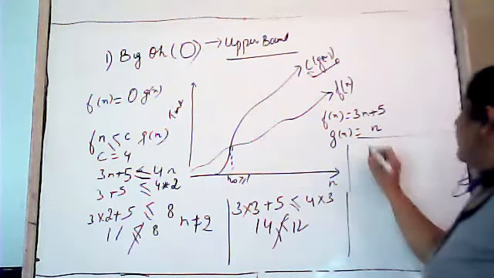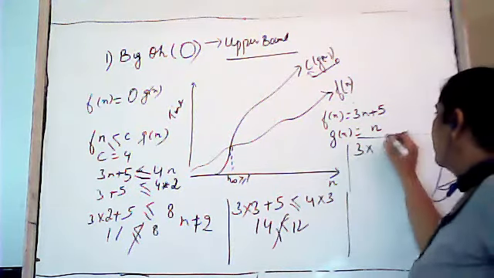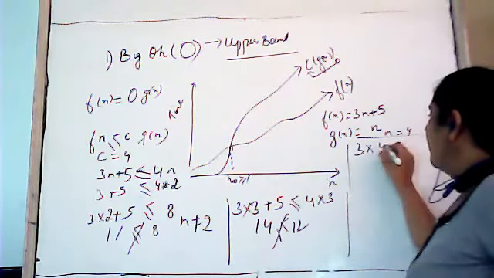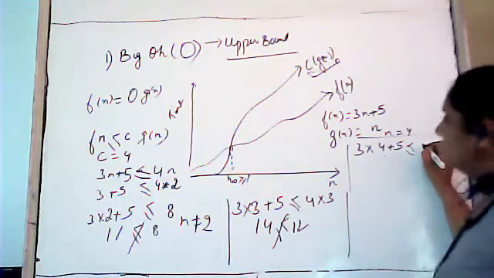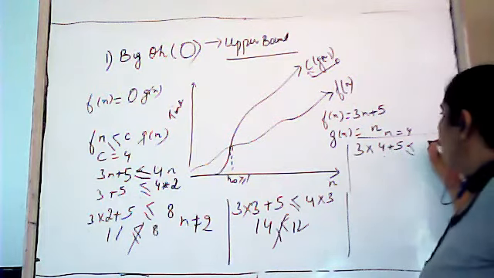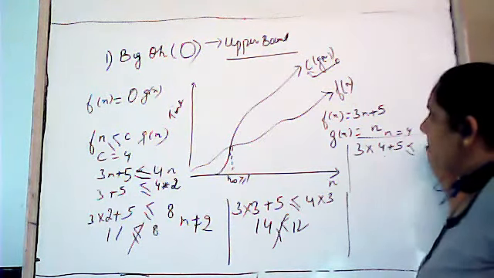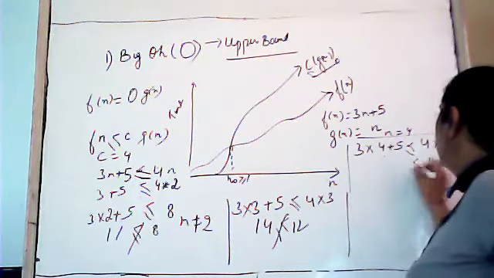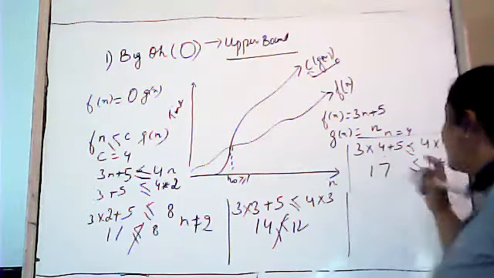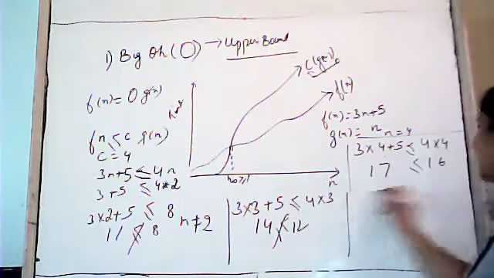Then let us go for n equal to 4. 3 into 4 plus 5 is less than or equal to 4 into 4. So 16; 3 fours are 12 plus 5 is 17, less than or equal to 16. False again.